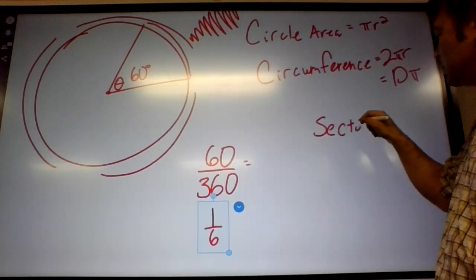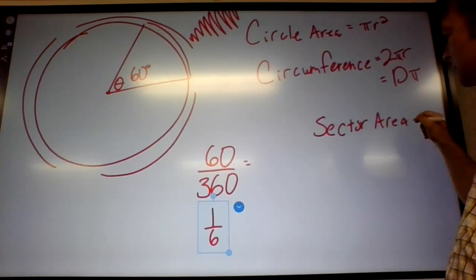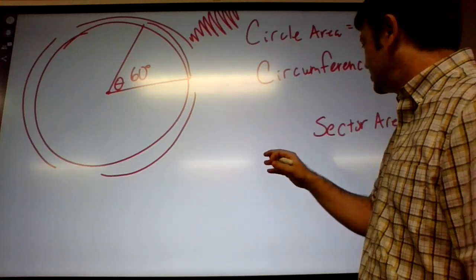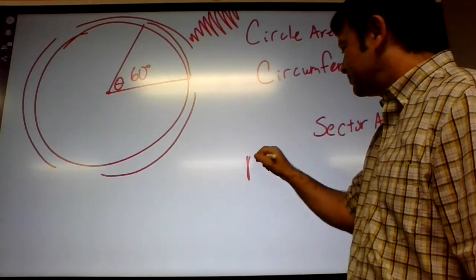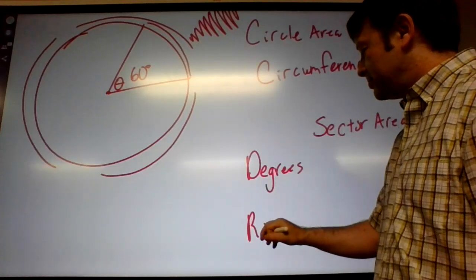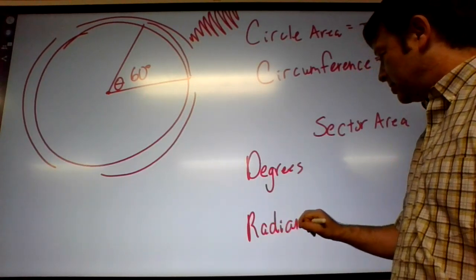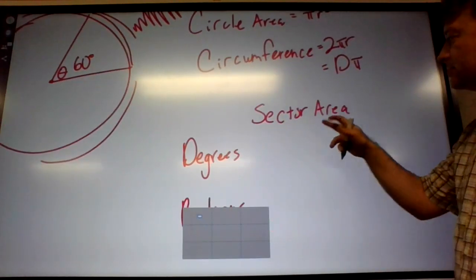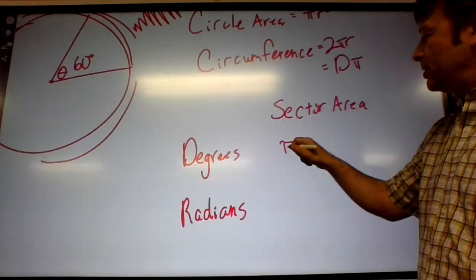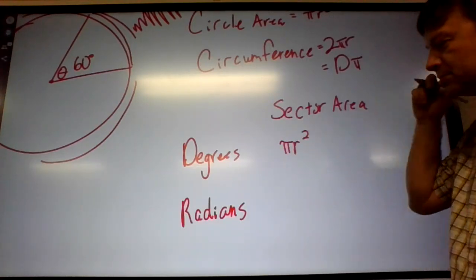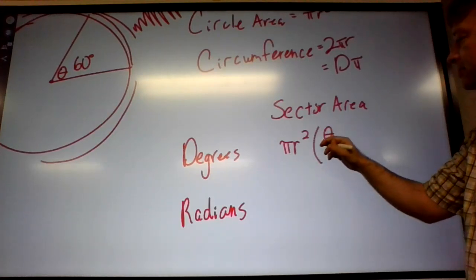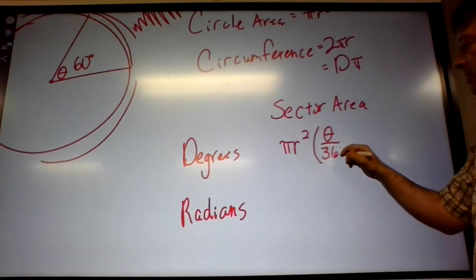I'm making a little table here. You do the area of the circle times the fraction of the circle that you're using.